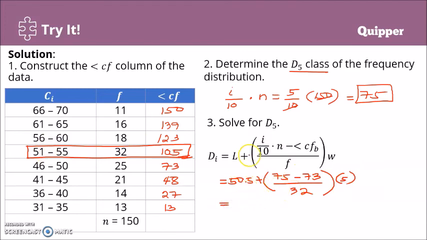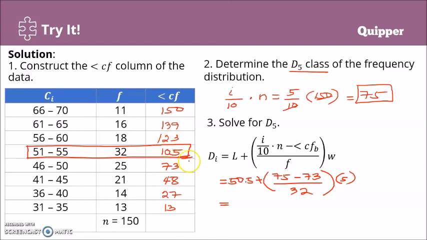Now, you can use your calculator in solving that. Okay? So, pwedeng unahin ito and then use parenthesis, ano? Pwede namang 75, unahin yung dito na sa loob ng parenthesis. So, that would be 75 minus 73 divided by 32 times 5 plus 50.5.